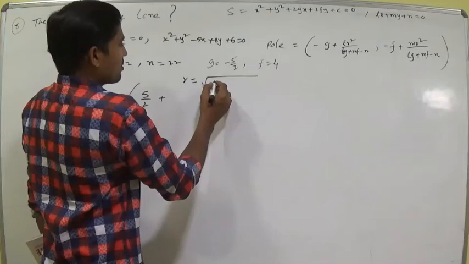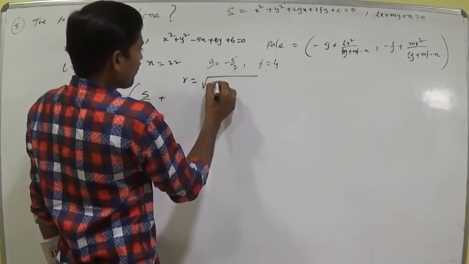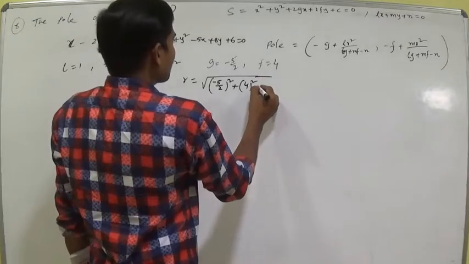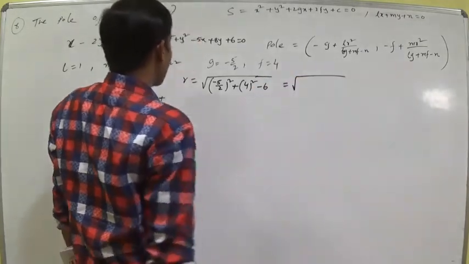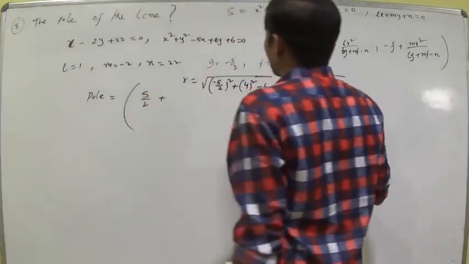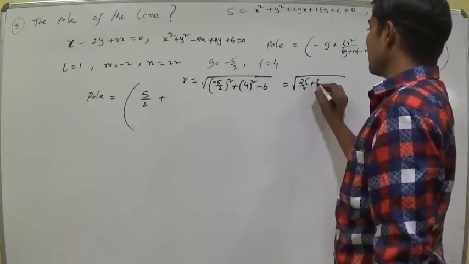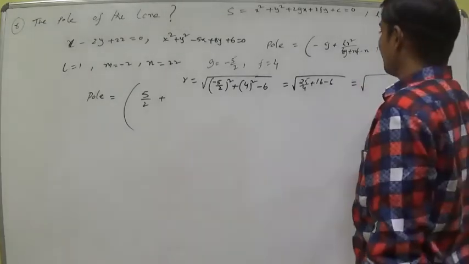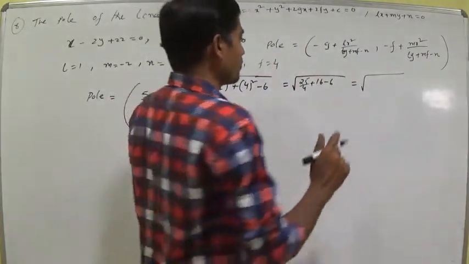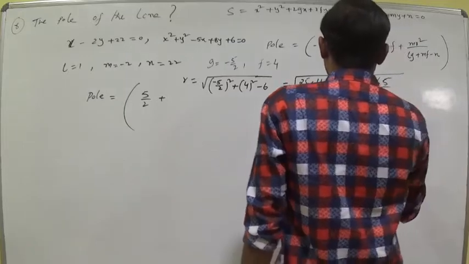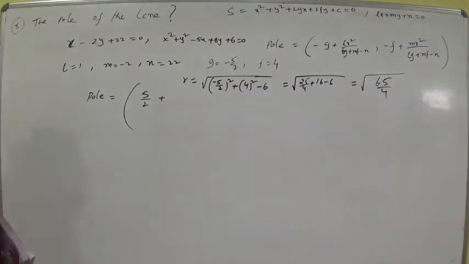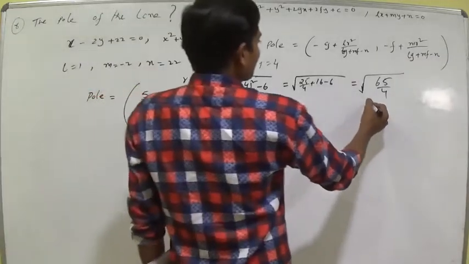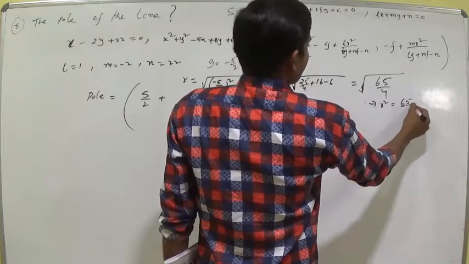So minus 5 by 2 whole square plus 4 whole square minus c, minus 6, which is the square root of 25 by 4 plus 16 minus 6, which is the square root of 65 by 4, which is equal to r. So r square equal to 65 by 4.